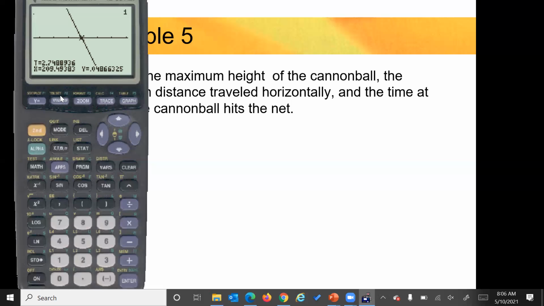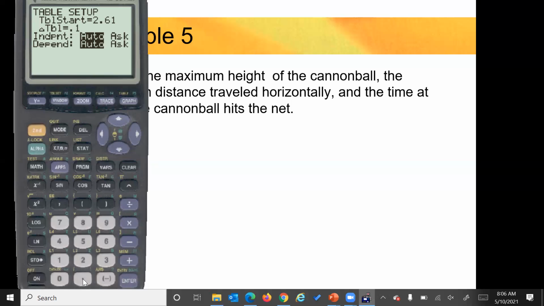See this little table set button right here above the window? Let's go second function, table set, and let's start off at 2.61 where you left off.